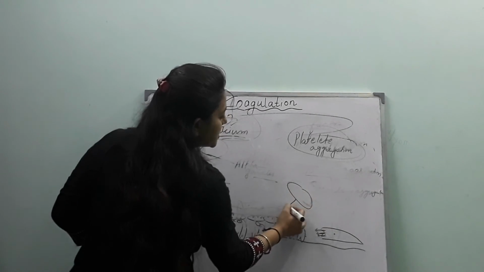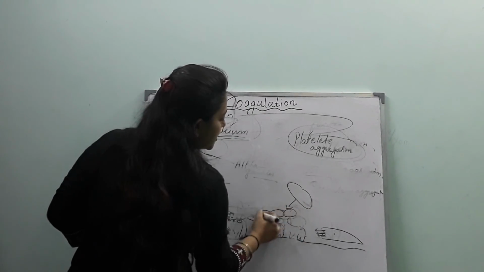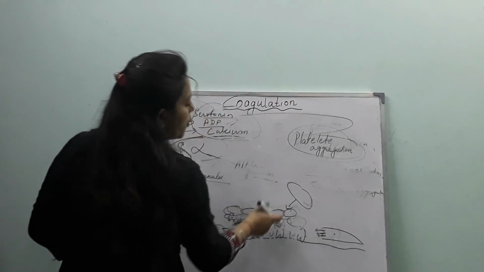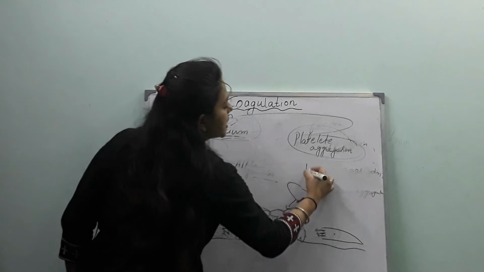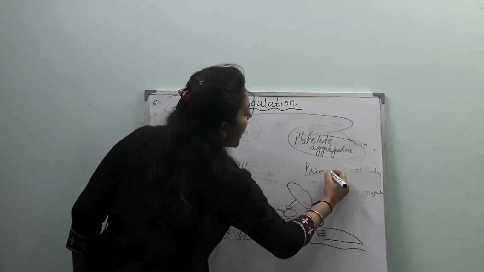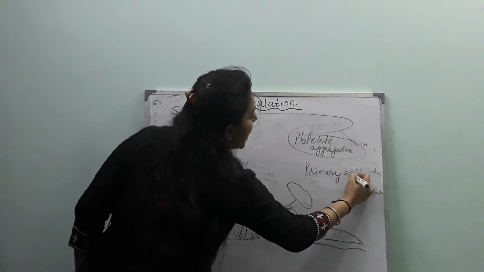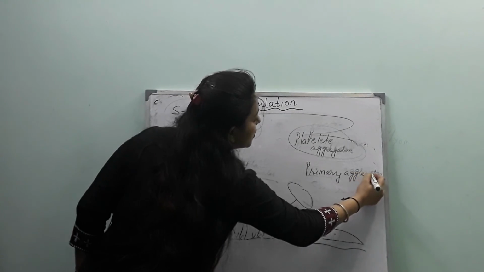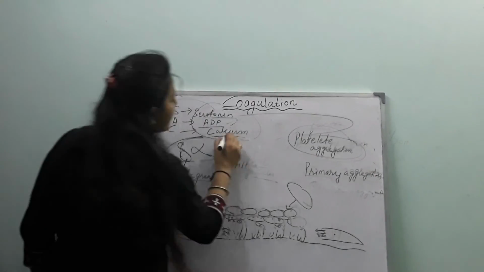Now platelets come and stick over the platelets, aggregating over each other, and this type of aggregation is called primary aggregation. Now what is the role of calcium?